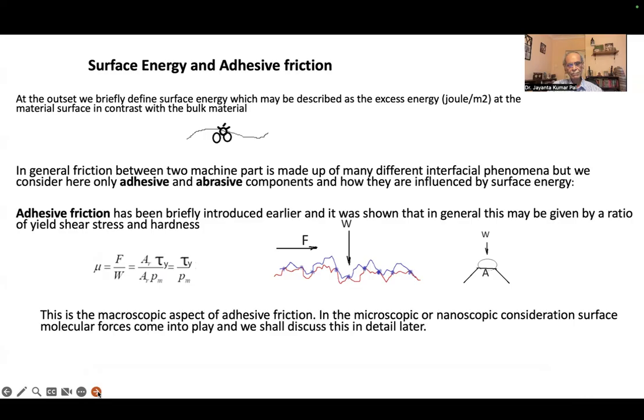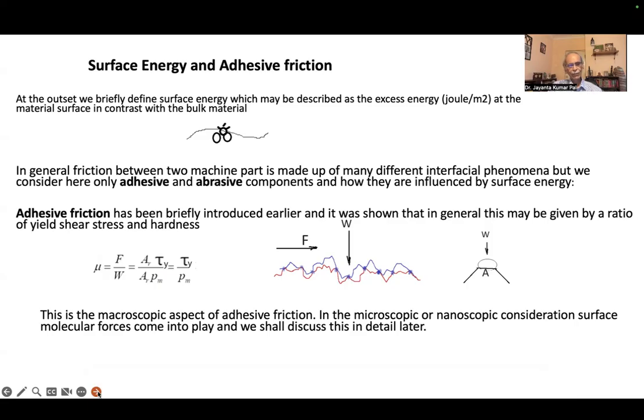Within the bulk of the material, a molecule is surrounded by other molecules, and hence they are completely bounded. Whereas a molecule on the surface is not bounded on all sides, and hence on the surface there is an excess energy available. And this is what the surface energy is.